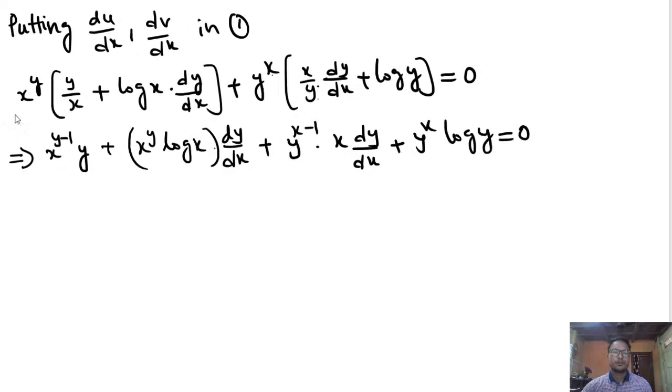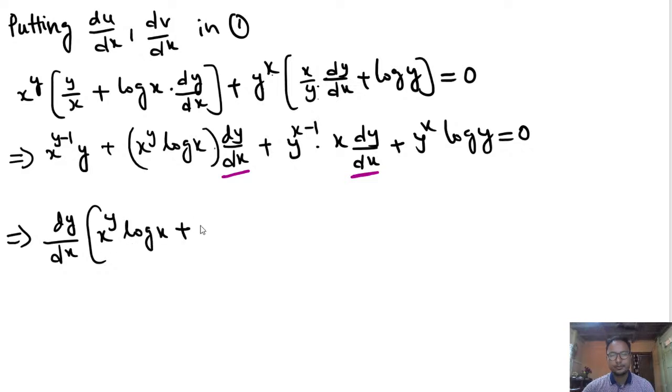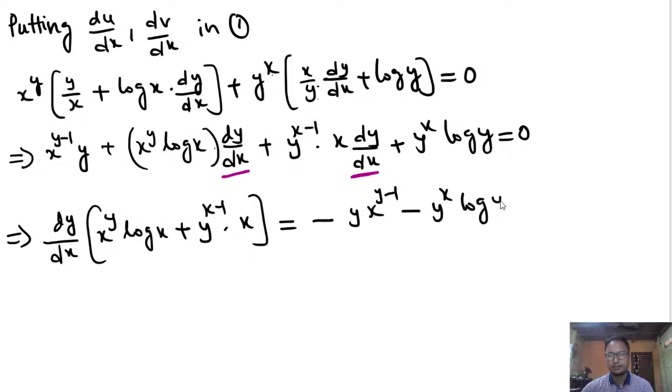Now the terms containing dy by dx we keep on the left, and the other terms we transfer to the right hand side. Taking dy by dx common, we have x to the power y log x plus x y to the power x minus 1, and then minus y x to the power y minus 1 minus y to the power x log y.